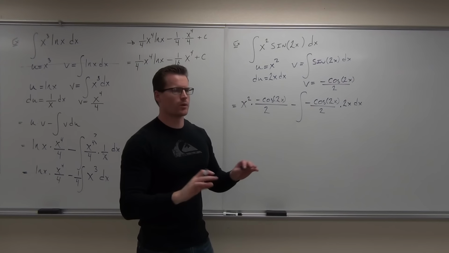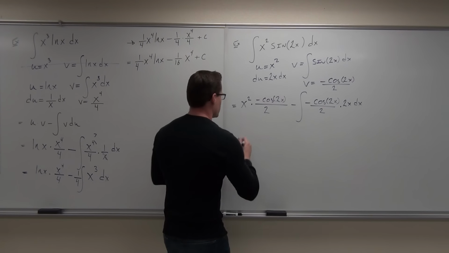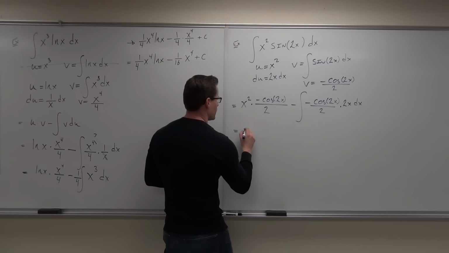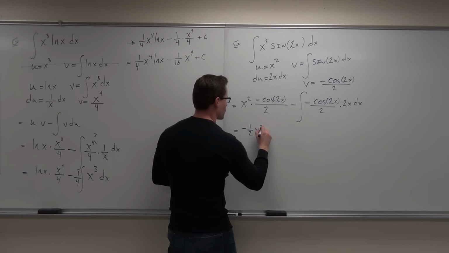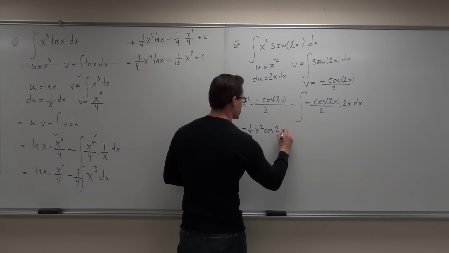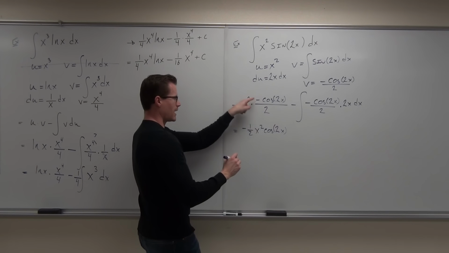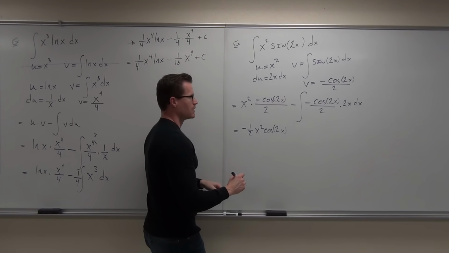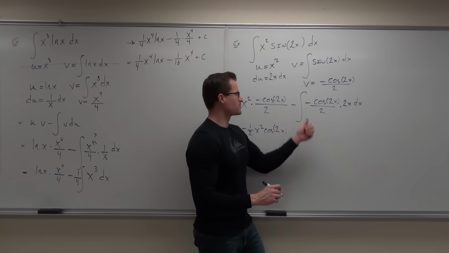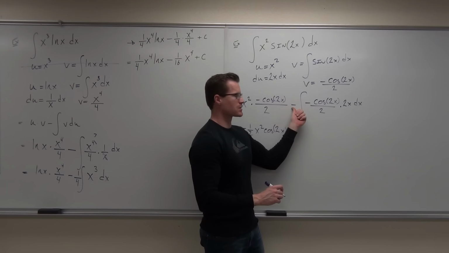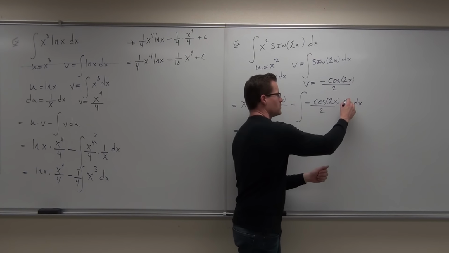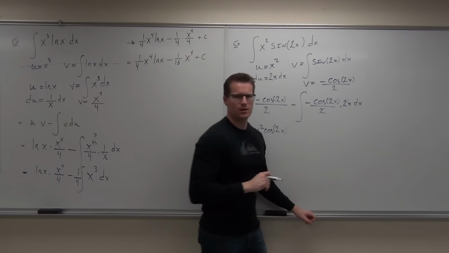Let's clean it up before we go any further. That's nasty, all right? Let's make this negative 1/2 x squared cosine 2x. Let's do a couple things here. Let's pull out this negative and make that a plus. Let's pull out this 2 and simplify it with this 2. Can you guys see that?